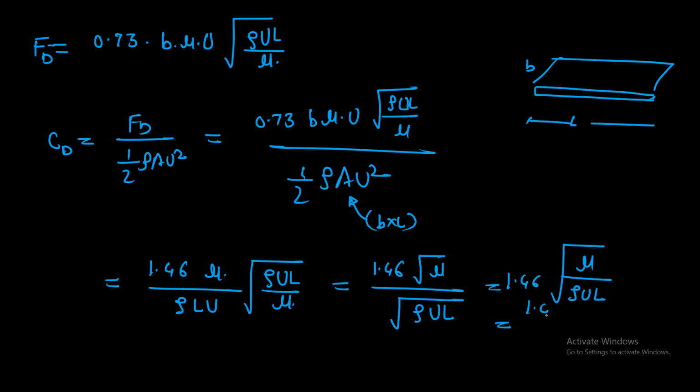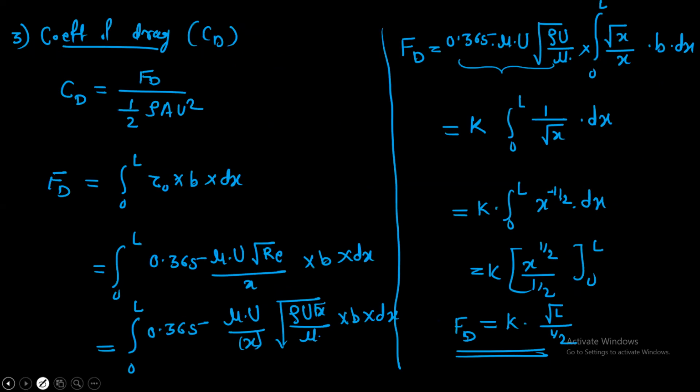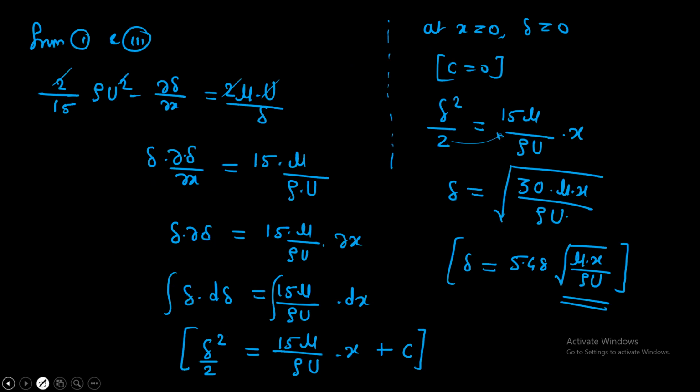So it is 1.46 upon square root Re. The formula for Re is rho UL upon mu. So this is the final answer, that is the coefficient of drag in terms of Reynolds number. So this is the complete procedure to find out the shear stress, boundary layer thickness delta, and the CD in terms of Reynolds number.